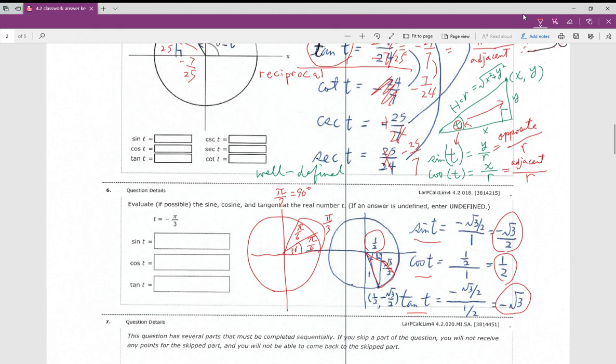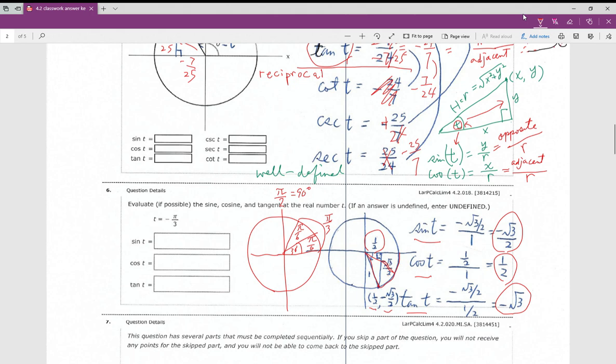But for now, I would like to tell you, if you have negative pi over 3, the terminal end has the coordinates 1/2 and negative square root of 3 over 2. Okay, and then sine t will be negative because this y value goes down, so it's negative.